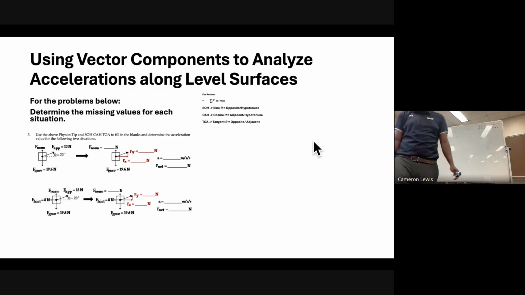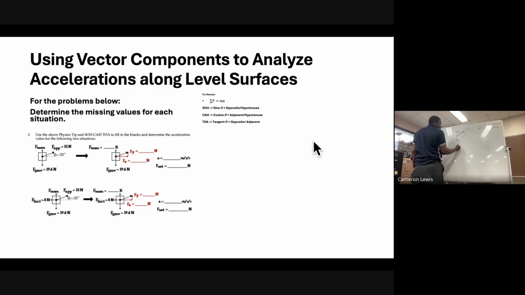So now I'm gonna go here, right? I'm gonna redraw the free body diagram. We got F grav. Normal force up top. Yep. And then applied force going at an angle, and that's above the horizon, which is at about 23 degrees. And then F applied is equal to 13, right?